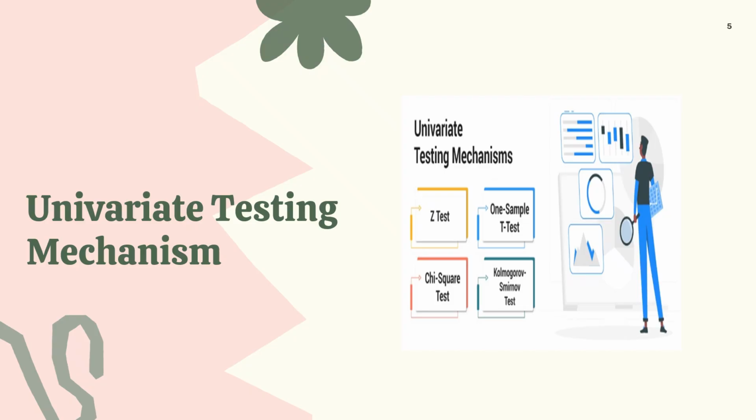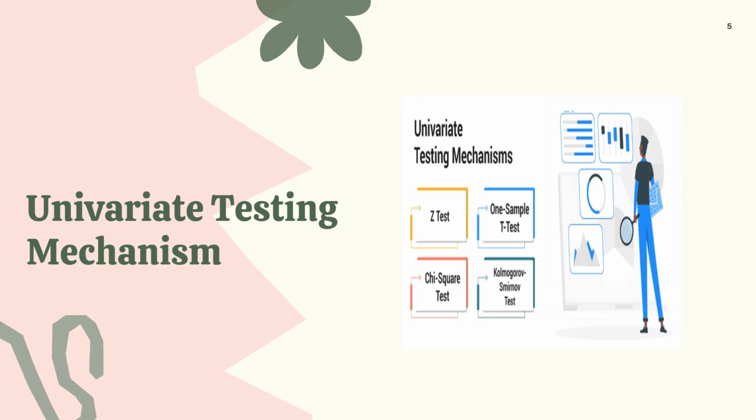Univariate testing mechanisms. When conducting univariate analysis, we often use several tools to describe and summarize the data. These include frequency tables to count occurrences, measures like mean, median, and mode to understand central tendency, and measures like range, variance, and standard deviation to understand the variability.